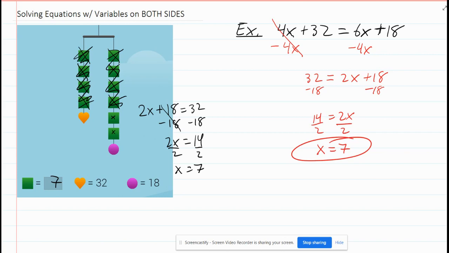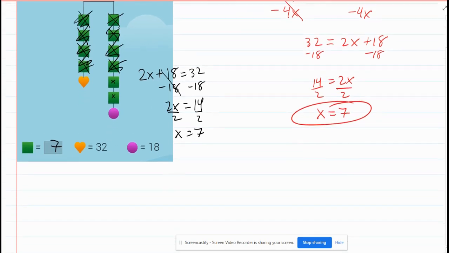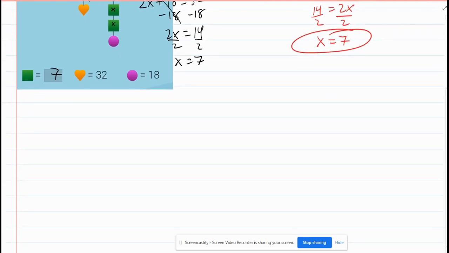So this idea of taking away the extra x's is really the heart of solving equations with variables on both sides.